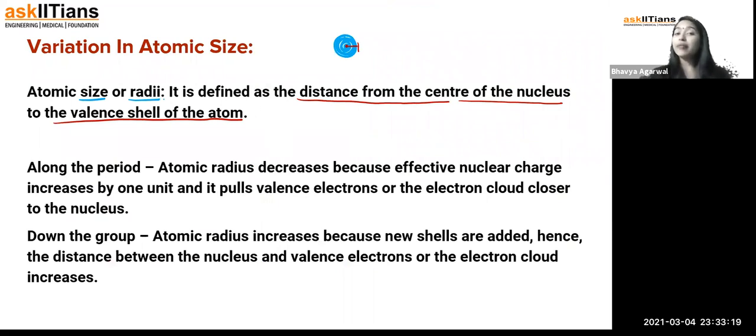So now let's talk about how the atomic size varies in the periodic table. Along the period, the atomic size decreases.